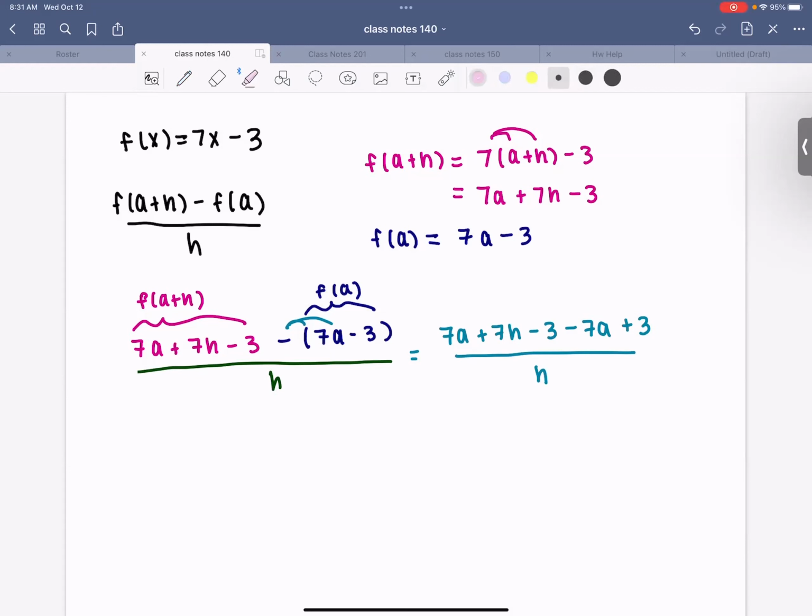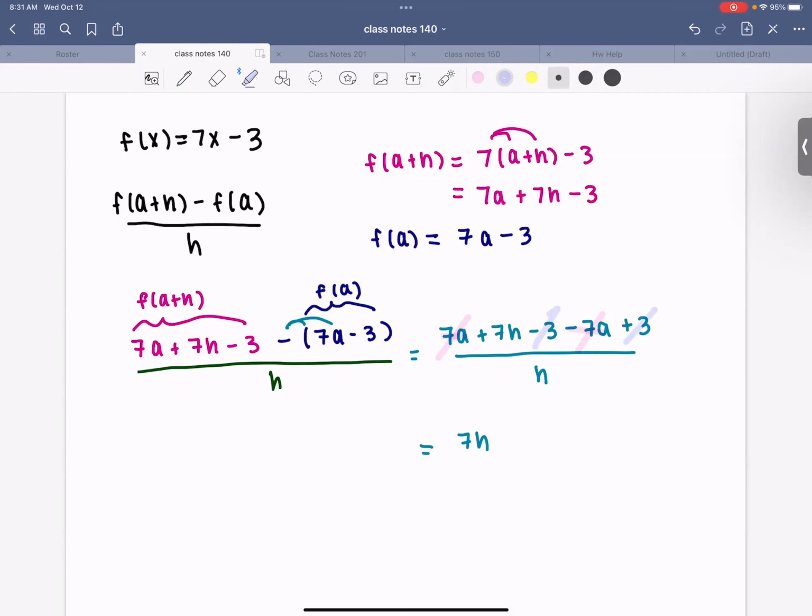So it looks like there is a 7a and a minus 7a. Those get canceled out. Looks like there's a 7h, but there's nothing else. So I can write the 7h, right? And then there's a minus 3 and a plus 3. Those cancel out.